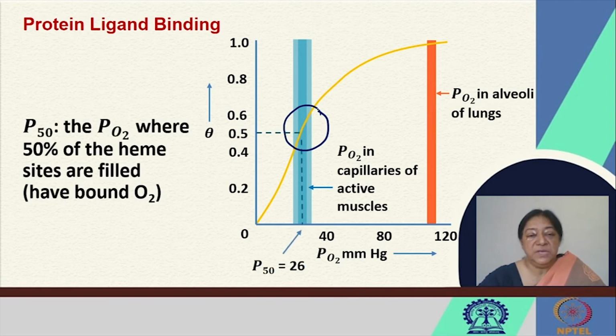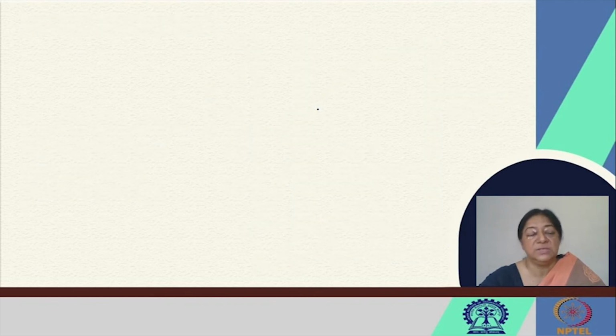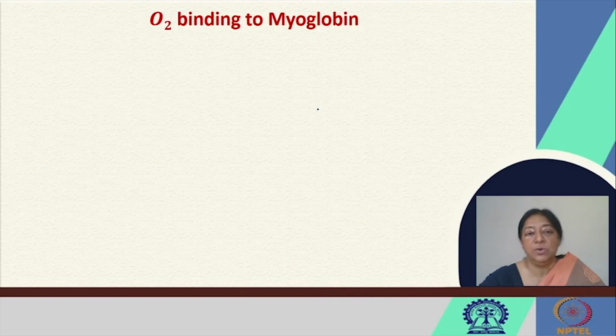The P50 is the partial pressure of oxygen where 50% of the heme sites are filled, indicating that there is bound oxygen in these specific hemoglobin or myoglobin sites.